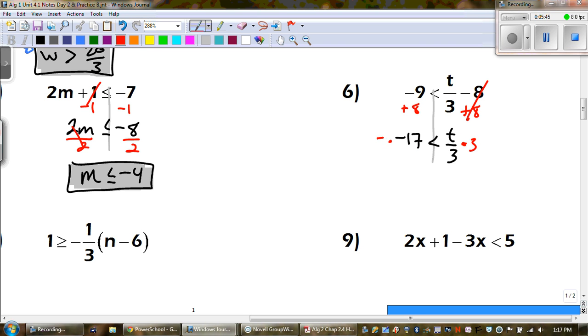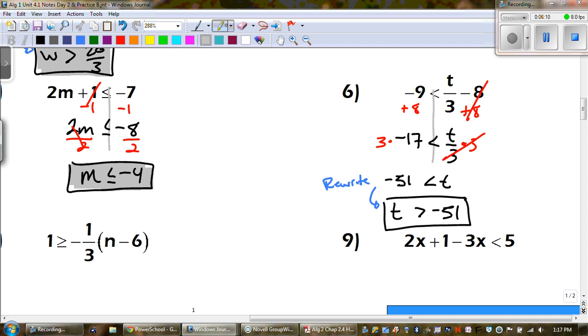So we're going to multiply each side by 3. -17 times 3 is -51, and we did not multiply by negative, guys. We just multiplied by 3. Okay, and then we need to rewrite because we want the t first. It's pointing at the -51. So we get t is greater than -51.